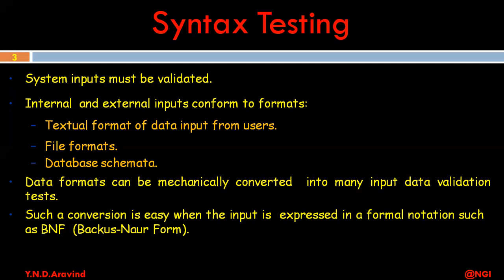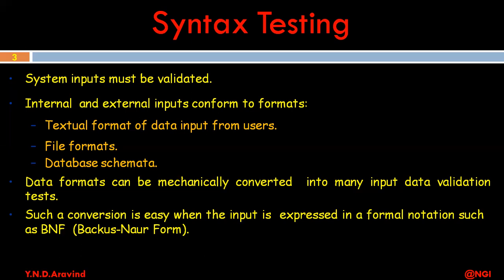The condition is executed by providing dirty data to the system, that is, by providing invalid data which is not supported by the specified format and grammar of that particular syntax we have defined in Backus Naur Form. So here we also have to test it by giving invalid data, wrong data, bad data, dirty data.